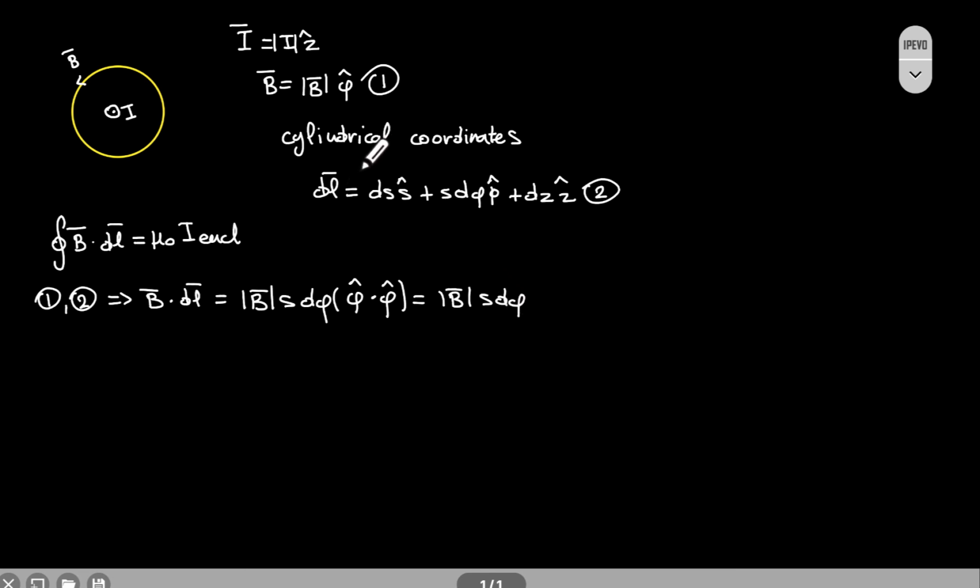Now I have chosen the counterclockwise to be the direction of integration. So my dl will have to be curling in the same way that B is. And when you do that, you will need to make sure that B dot dl will give you a positive number.